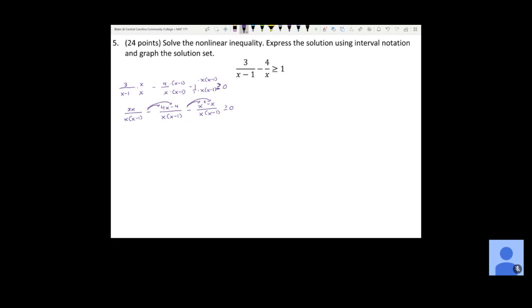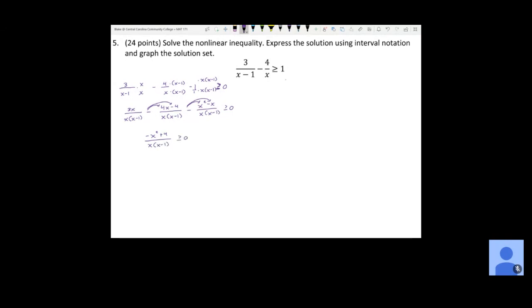What's going to happen to our x terms here? They're all going to cancel, right? And so really, all I'm left with is that plus 4 and what else? A negative x squared, right? So I have my negative x squared and a positive 4 over x times x minus 1.